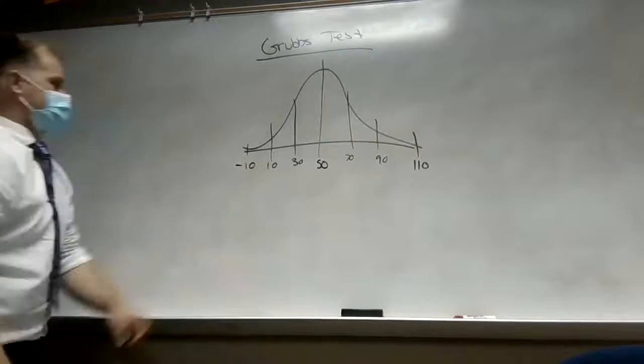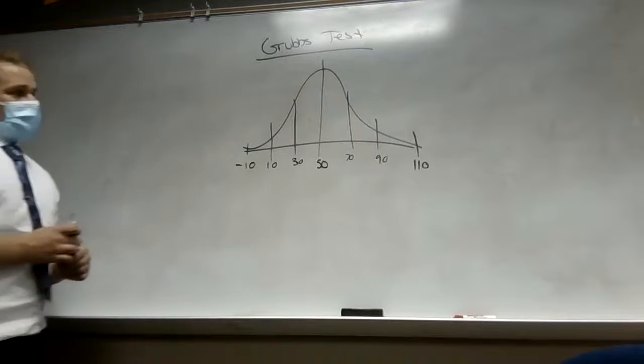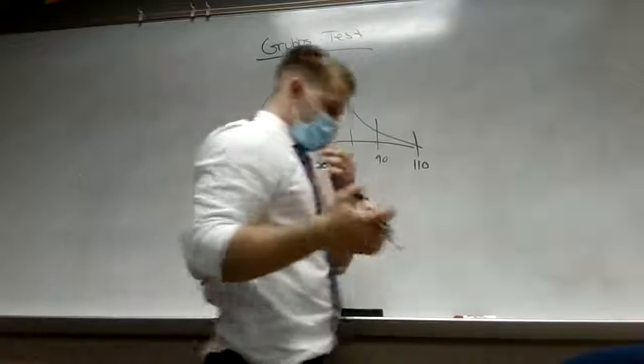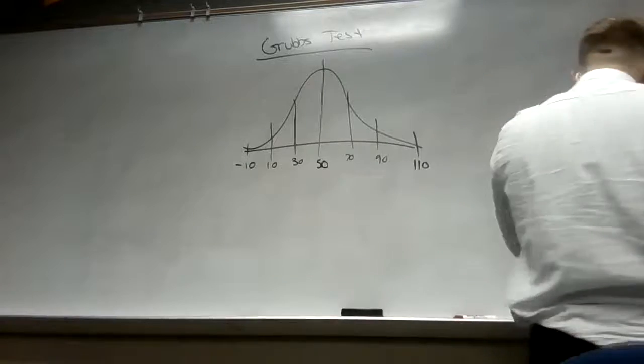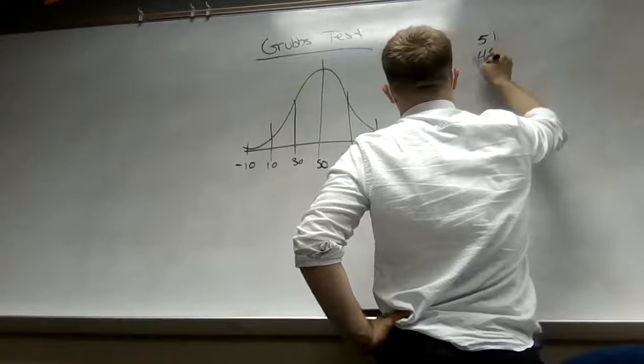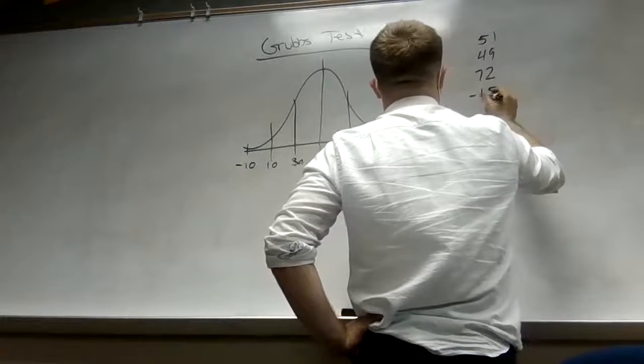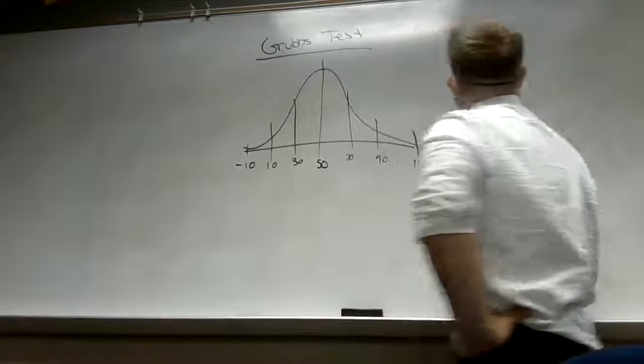Maybe we're measuring temperature, and we're not really good at it because this is a really wide range. So let's say we get a particular value. Let's say we get 51, 49, 72, negative 15, and 4.